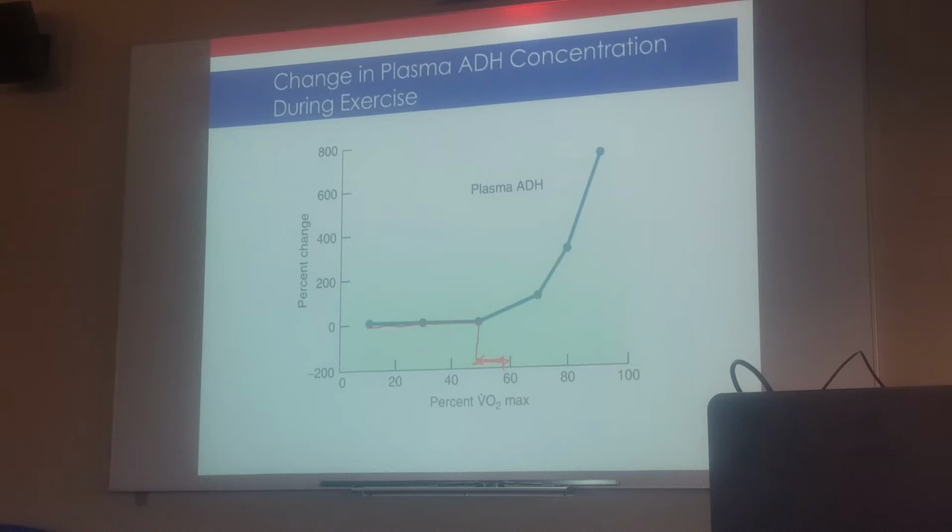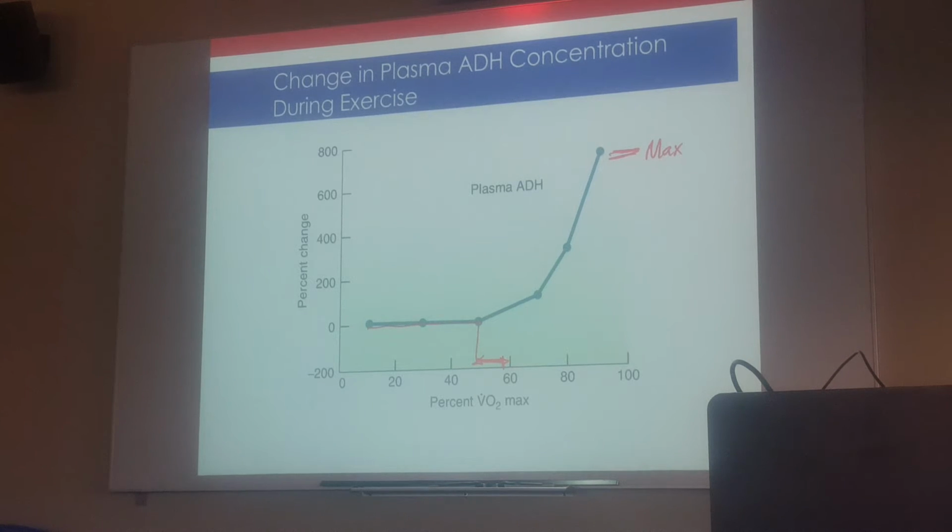If you notice the axes on this figure, it's an 800% change in the amount of ADH at max exercise. So that's a lot of difference between resting and max exercise concentrations of ADH.